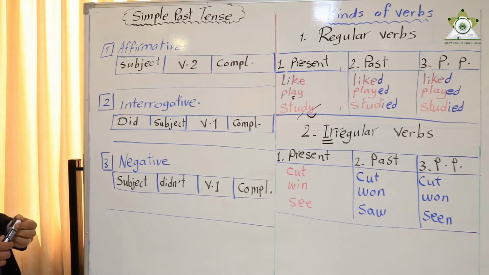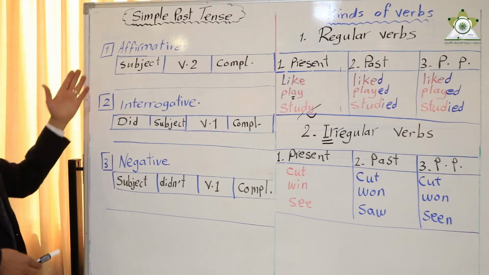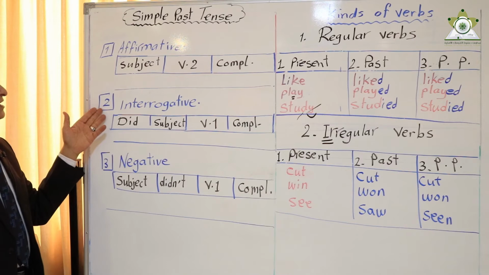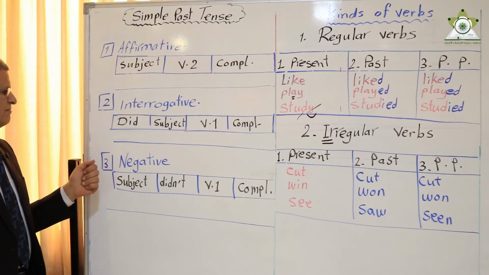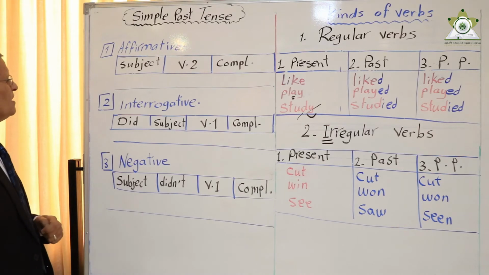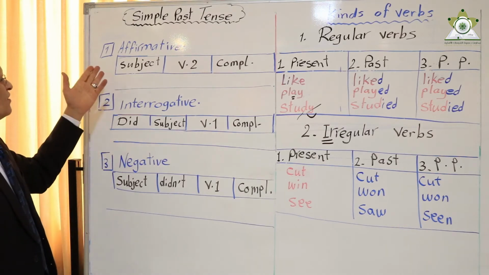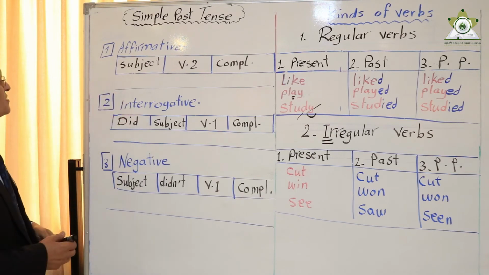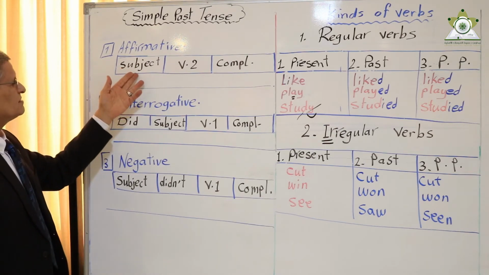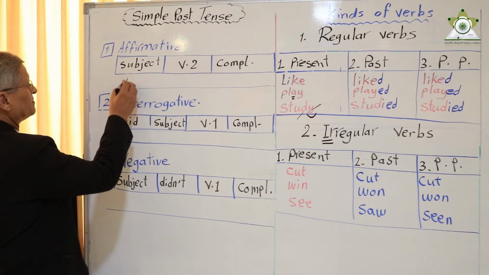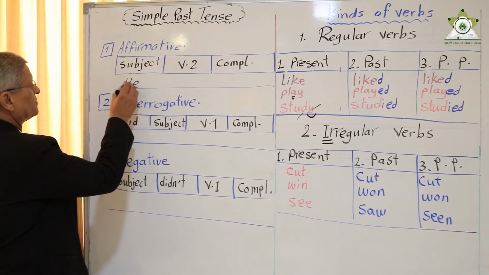And I will talk about 3 points. Number 1, affirmative. Number 2, interrogative. Number 3, negative. Let's see the form of the affirmative sentence. A sentence should start with subject, for example, he.